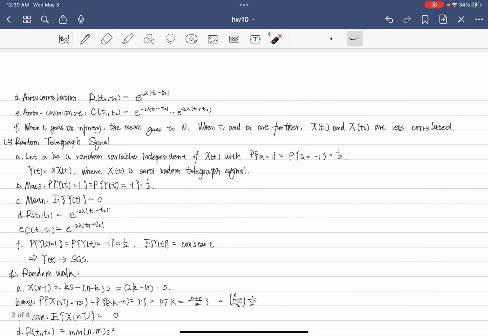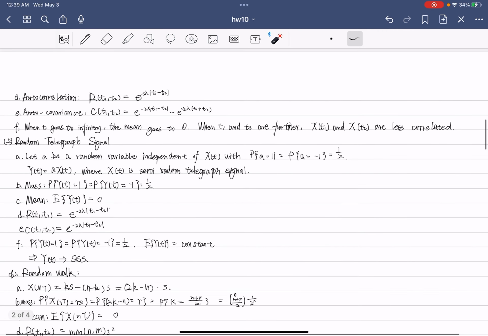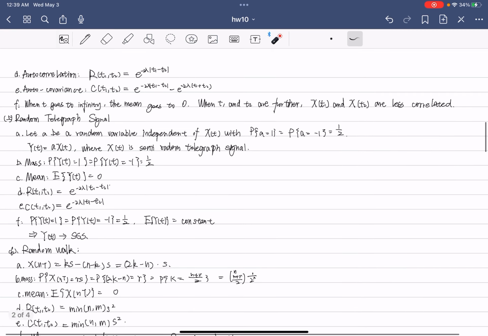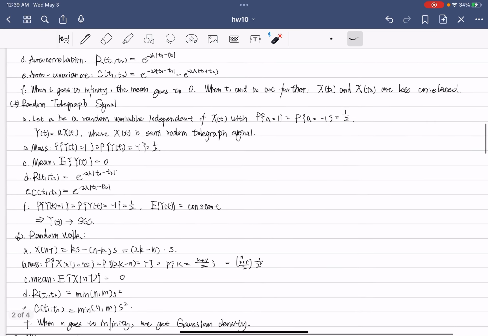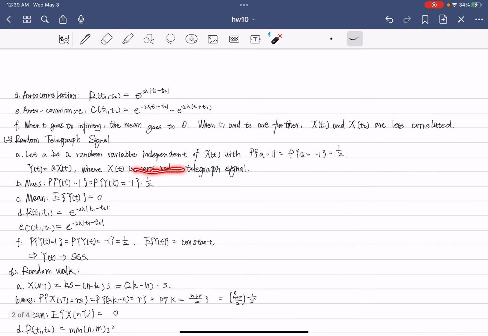The fifth is the random telegraph signal. We let A be a random variable independent of X(t), with the probability that A equals 1 equal to the probability that A equals -1, equal to 1/2, and then we have Y(t) equals A times X(t), where X(t) is a semi-random telegraph signal.